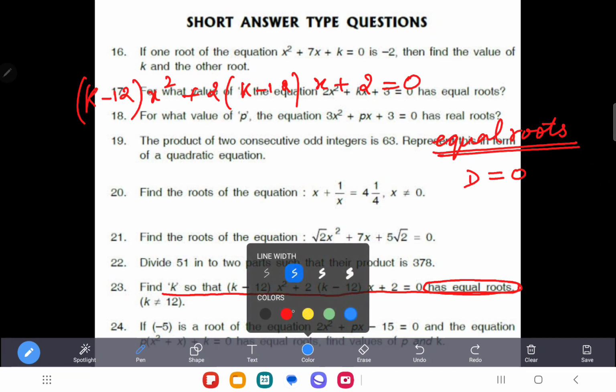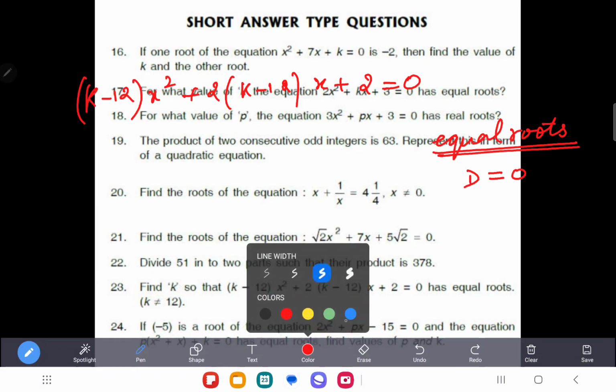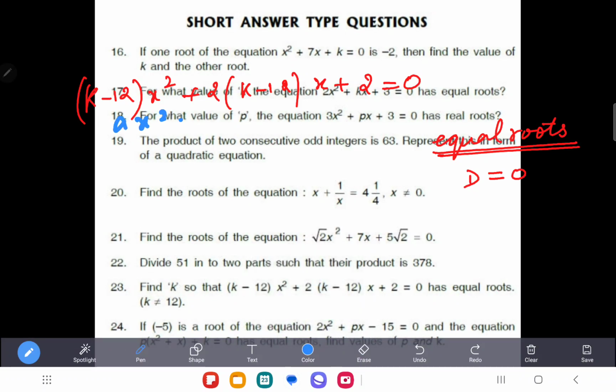Yes or no? So what exactly do you understand from here? If I compare my equation, it would be ax square plus bx plus c equals to 0. So a would be k minus 12. b would be 2 times k minus 12, because obviously, this is going to be my value of b.